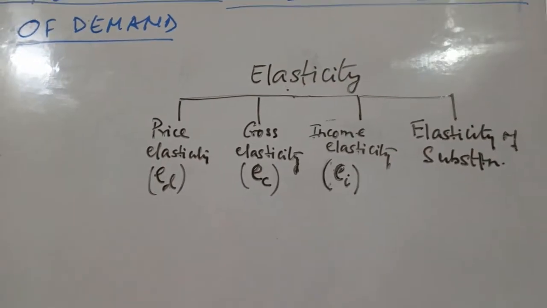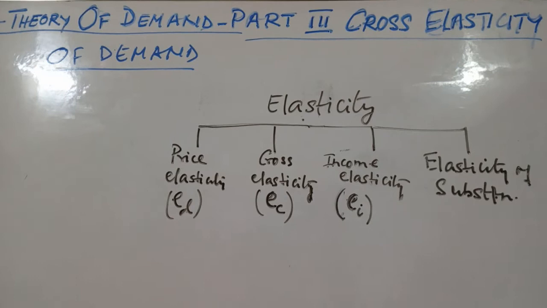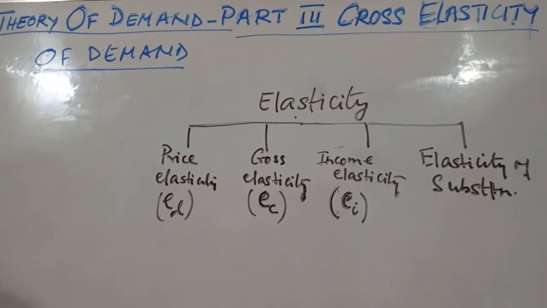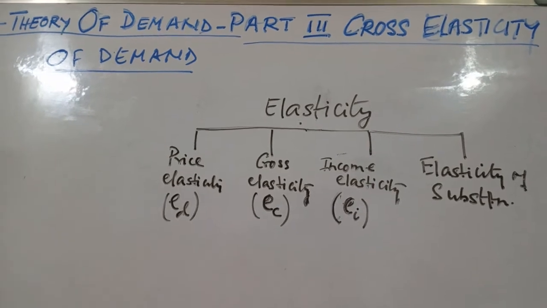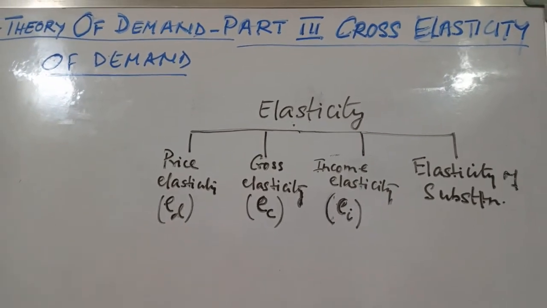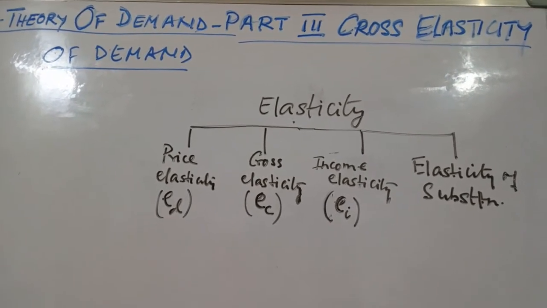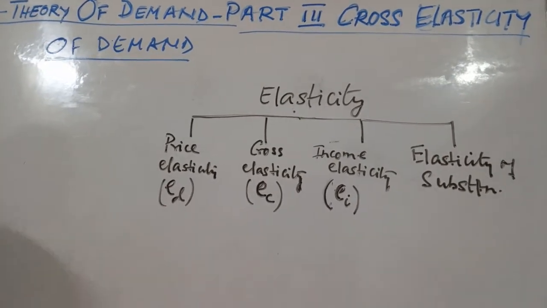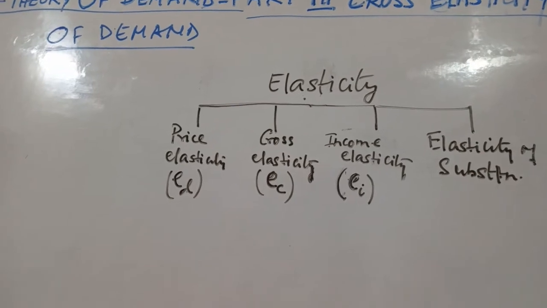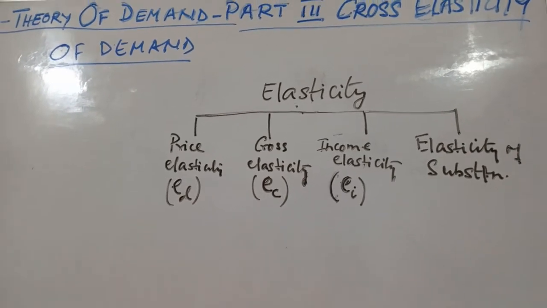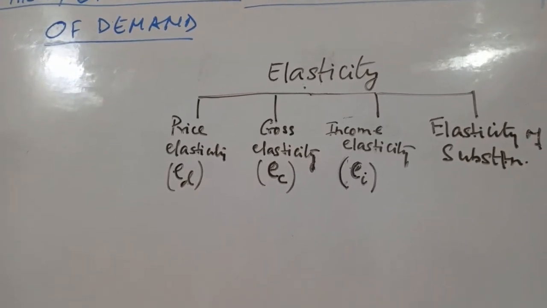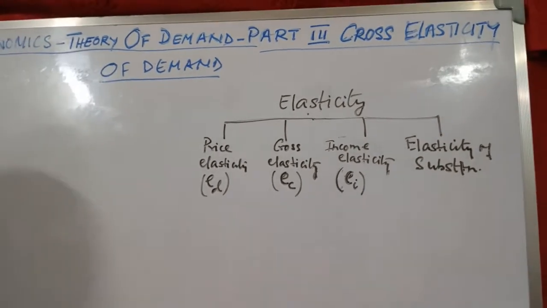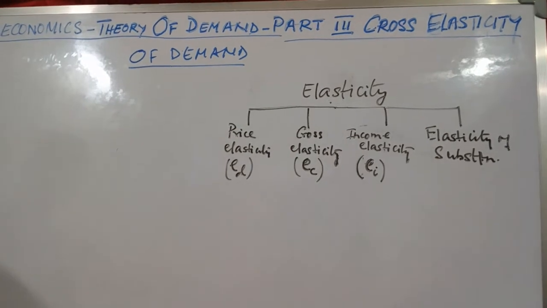In cross elasticity, price of one commodity is related to quantity demanded of another commodity. Now, what is meant by the word another commodity? The another commodity is a related commodity. That is, it is either a complementary good or a substitute commodity of the commodity in question.